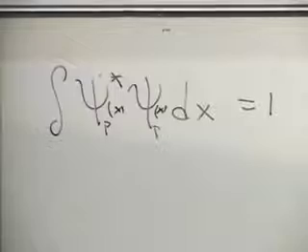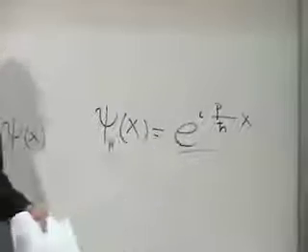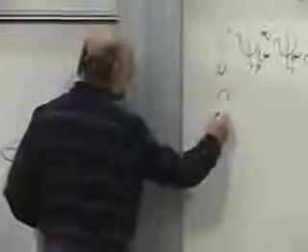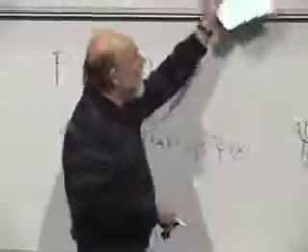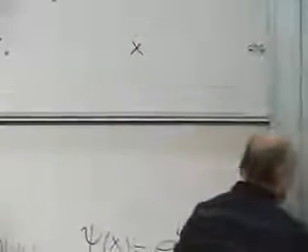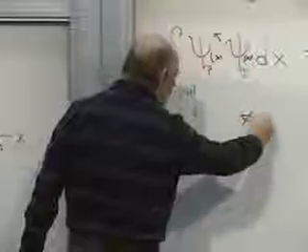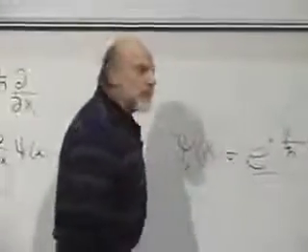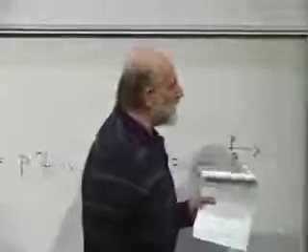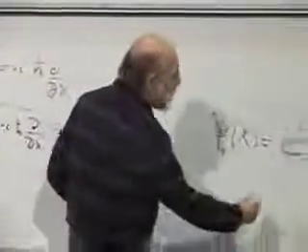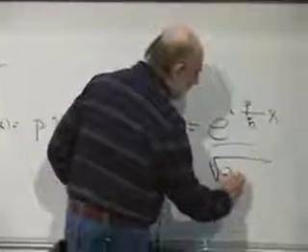All right, if psi is given by this, what is psi star psi? It's just 1. So this says the integral of 1, but what is the integral over? The integral goes from 0 to 2 pi r. The integral from 0 to 2 pi r of 1 is certainly not equal to 1. No, it's equal to 2 pi r. So in order to get this to come out to be 1, we have to multiply the wave function by 1 over the square root of 2 pi r.